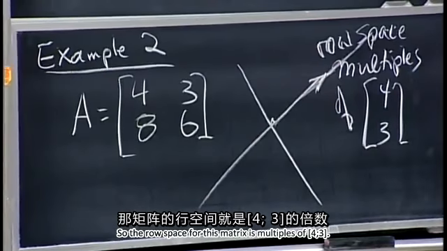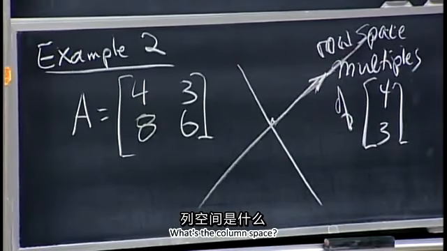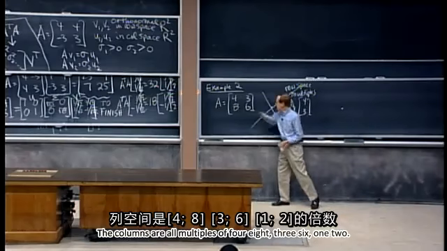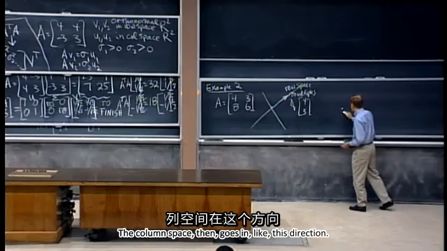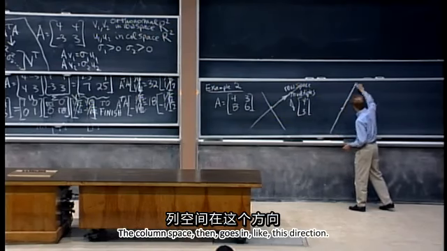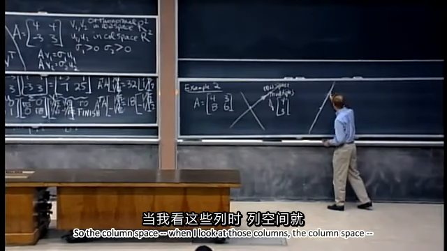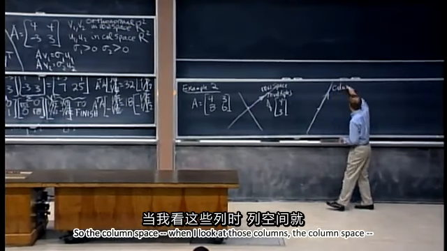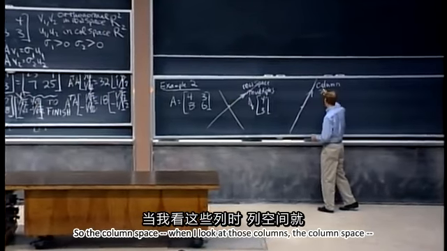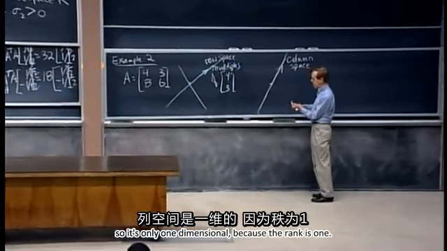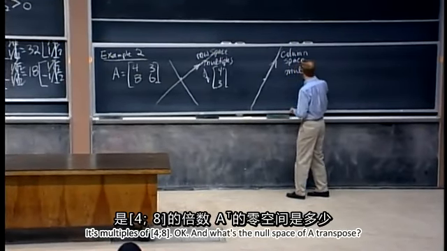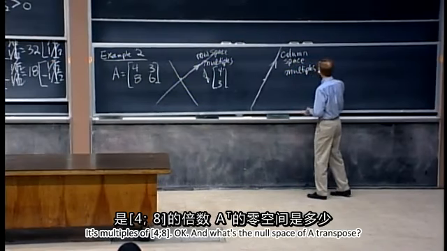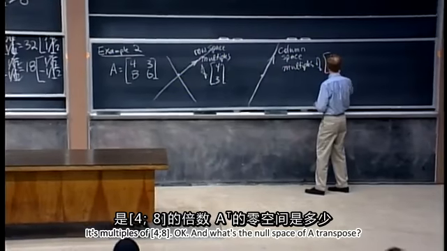Typical row. Okay. What's the column space? The columns are all multiples of 4, 8, 3, 6, 1, 2. The column space then goes in this direction. When I look at those columns, the column space is only one-dimensional because the rank is 1. It's multiples of 4, 8.